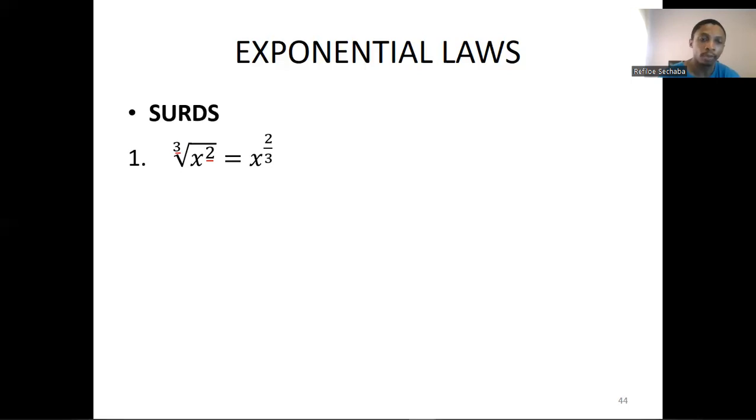Similarly, if you have the fourth root of x cubed, it'll be x to the exponent of 3 divided by 4. If you have the fifth root of x squared, that will be 2 divided by 5.